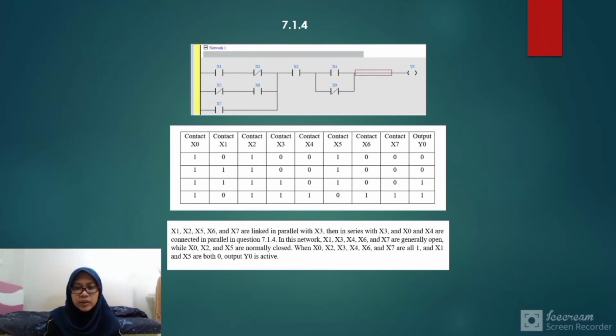In this network, S1, S3, S4, S6, S7 are normally open, while S0, S2, S5 are normally closed. When S2, S3, S4, S6, and S7 are 1, and S0, S1 and S5 are 0, the output Y0 is active.